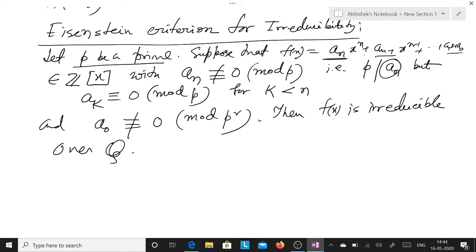If the prime will satisfy these three conditions, then we can conclude that f(x) is irreducible over Q.